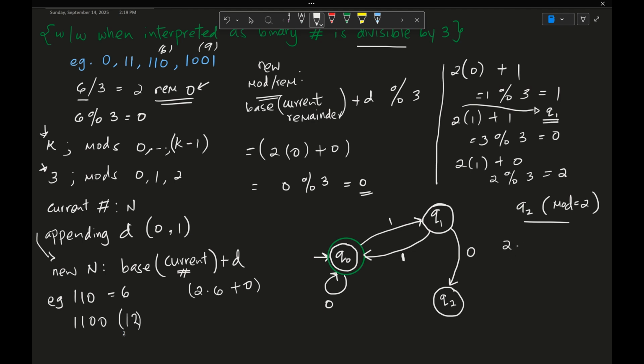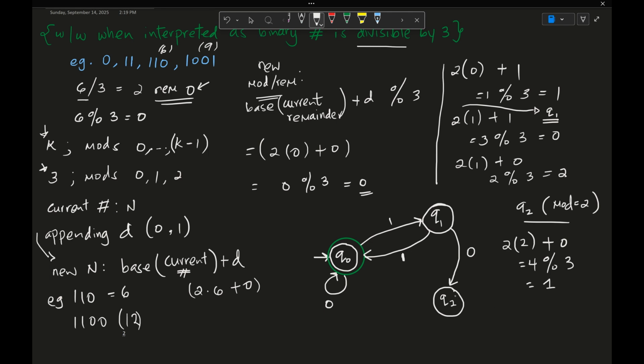If our current mod is 2 and we see a 0, that equals 4. What does 4 mod 3 result in?